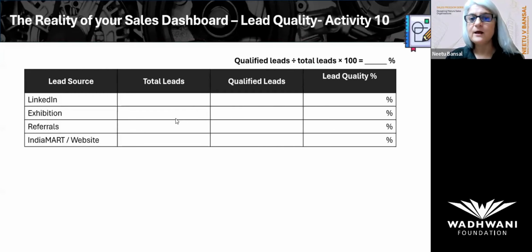So what's your activity? Take your top 3-4 lead sources and do this exercise. Take a time frame. If you have a long sales cycle, maybe you'll want to look at the last quarter. If it's a shorter sales cycle, then it could just be the last month.